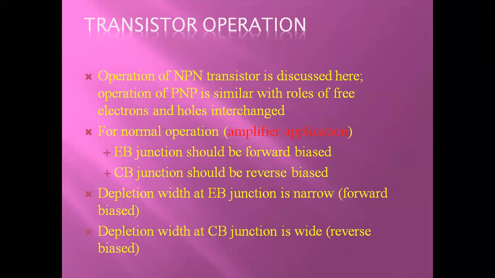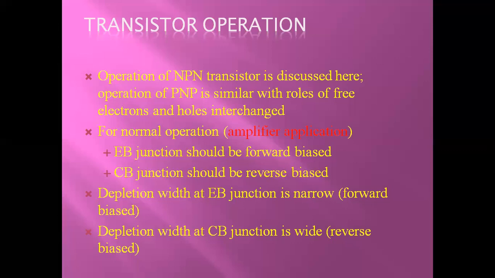Going to the operational characteristics or operational mode. For the NPN transistor as discussed here, operation of the PNP is similar, with the roles of free electrons and holes interchanged when compared to the NPN transistor. So looking at the formal operation of the NPN transistor, the emitter and base junction should be forward biased, and the collector base junction should be reverse biased.